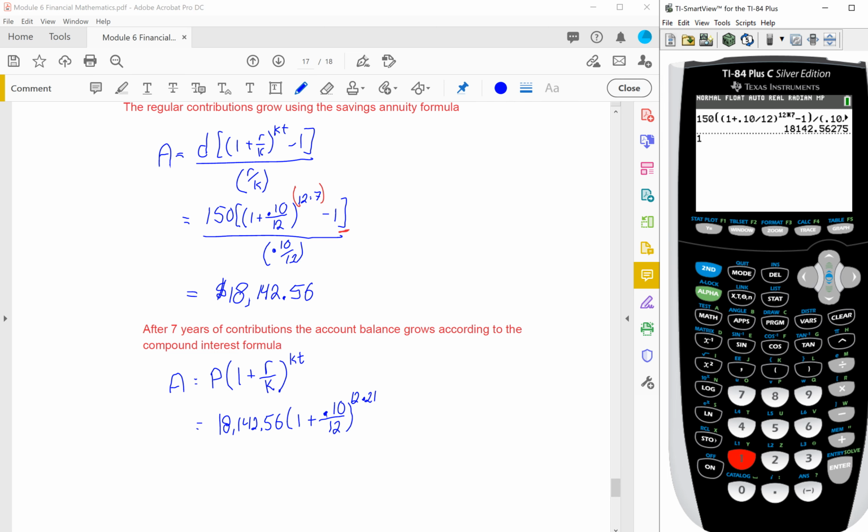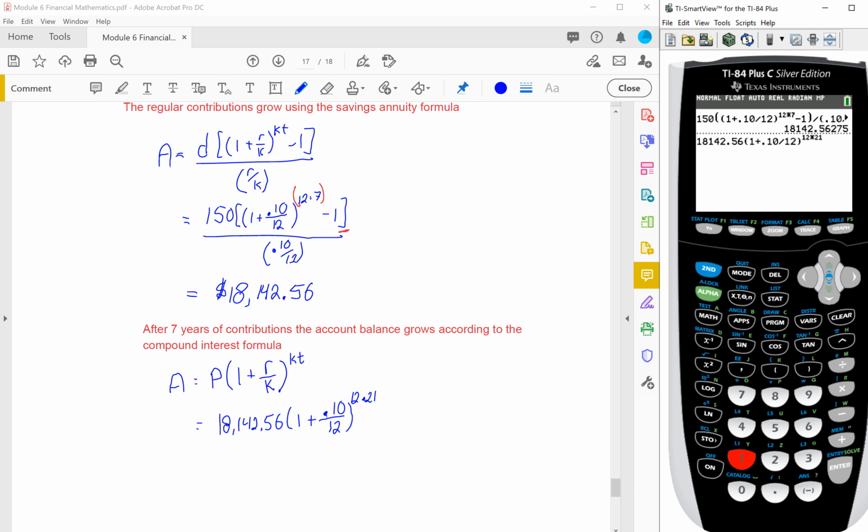The 18,142.56, 1 plus your interest rate divided by 12, raised to the 12 times 21.